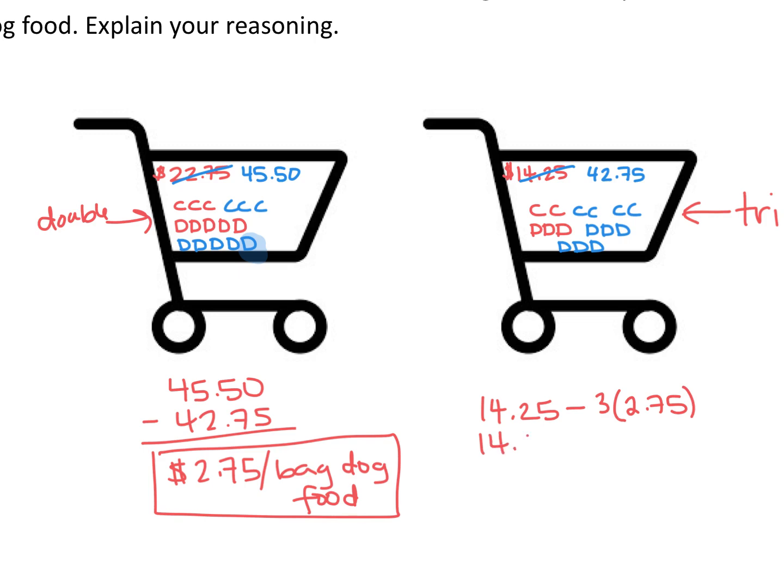That's 14.25 minus 8.25. That gives us $6 left over. And that represents the 2 cat food. So let's split it in half. So it looks like the cat food is $3 each. So $3 per bag of cat food.